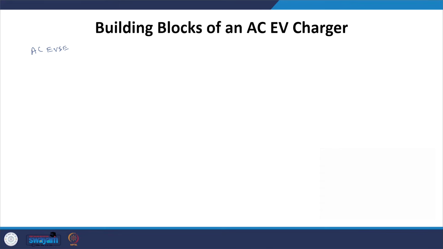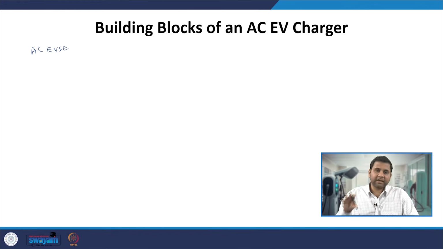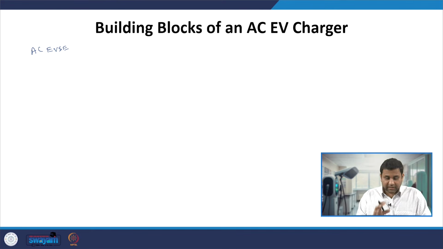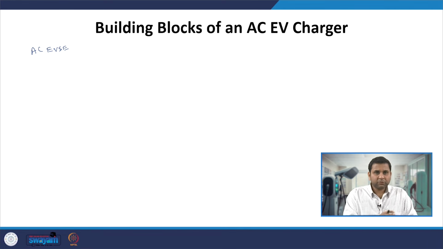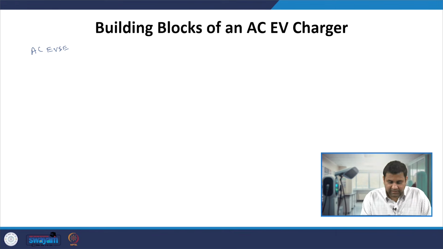Because you are directly putting that AC into your vehicle, and all the power conversion will take place inside the vehicle. Let us see what things are there in an AC EVSE. Again, you will see that all the building blocks we discussed in the previous slide will be kept somewhere in that AC charger system, or in any charger system. So let us see first what things are present in an AC charger.